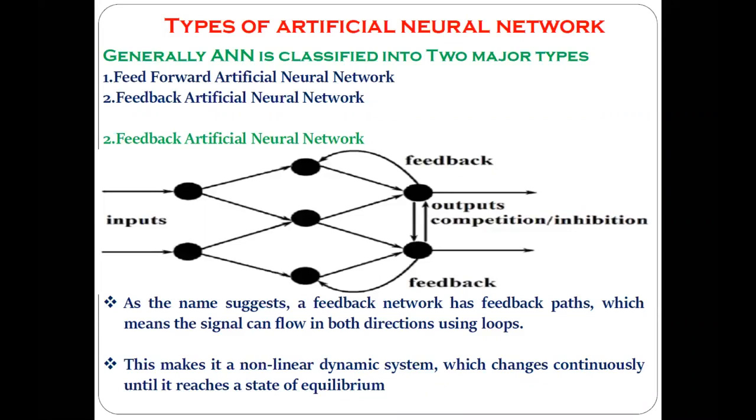And then we saw how the network forms in the case of the biological network, and how the network forms in the case of the artificial neural network. Then we saw how the arrangement of the nodes or artificial neurons is done, and on the basis of that, what the different types of artificial neural network are, and what the functionality and working of each of these is, like the working style of the feed forward ANN and the feedback ANN.